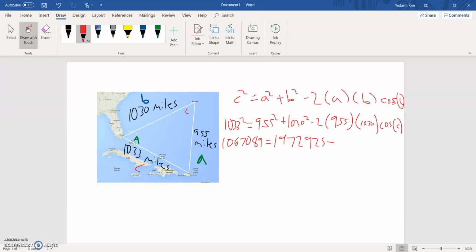We'll get 983,615. We'll multiply it by 2, which gives us this number.